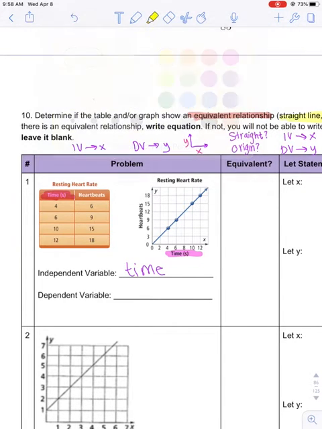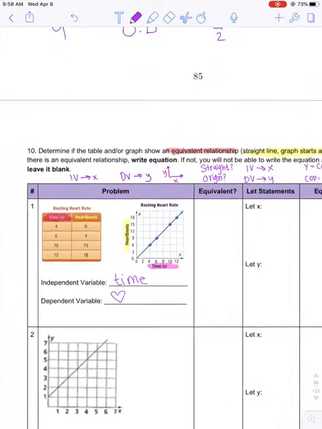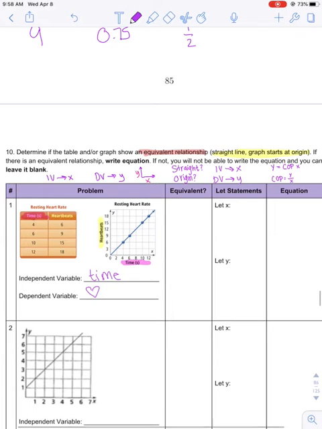For the dependent variable, I'm either going to say what comes second in the table or what's on the y-axis on the graph, and that's going to be heartbeats. All right, equivalent. So let's see. Is it a straight line? Yes. Does it start at the origin? Yes. So yes, it is equivalent. Awesome.